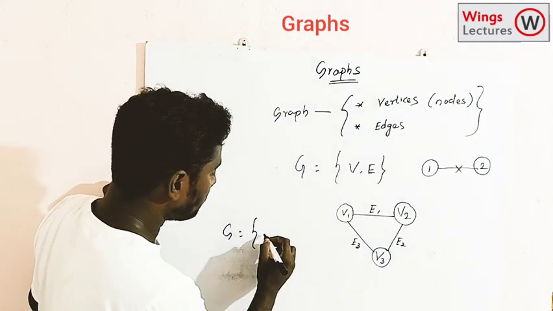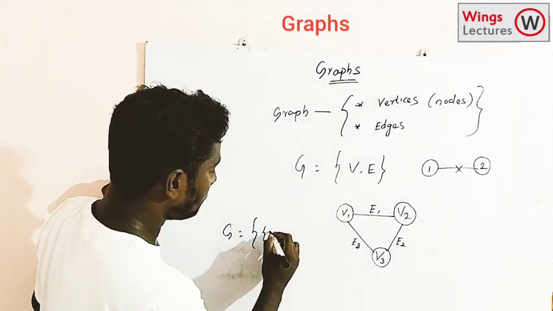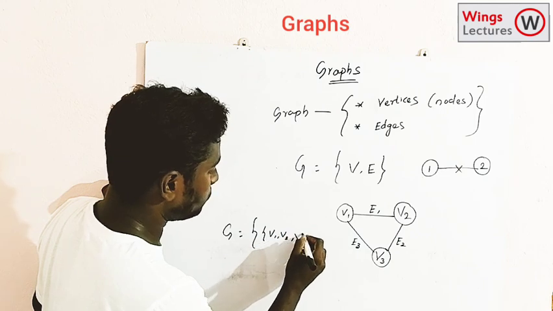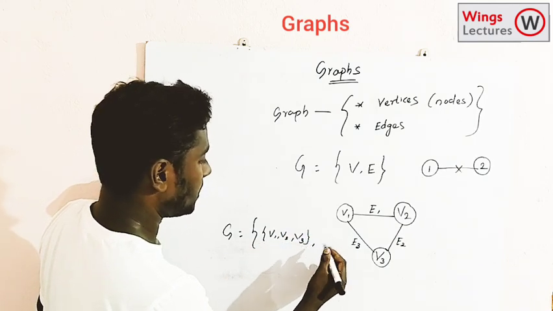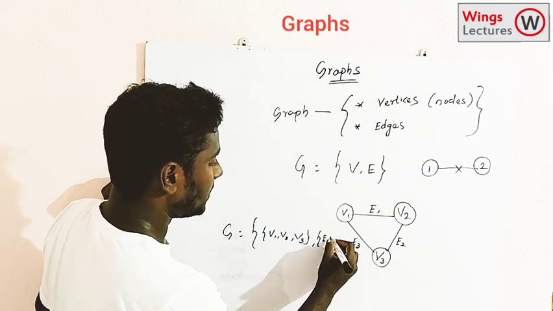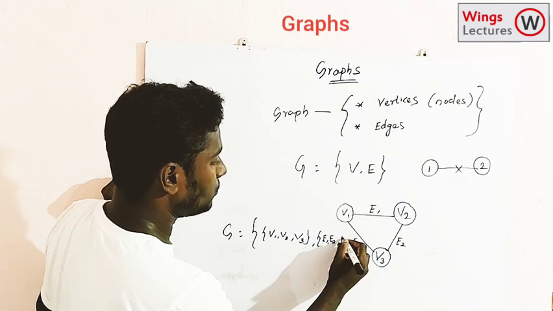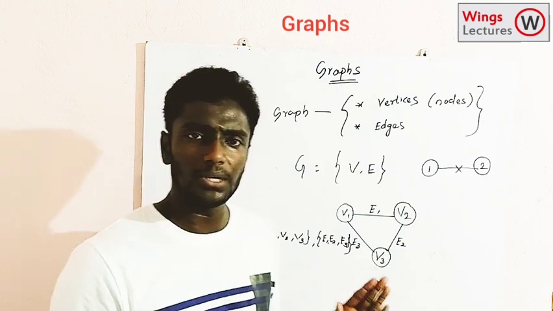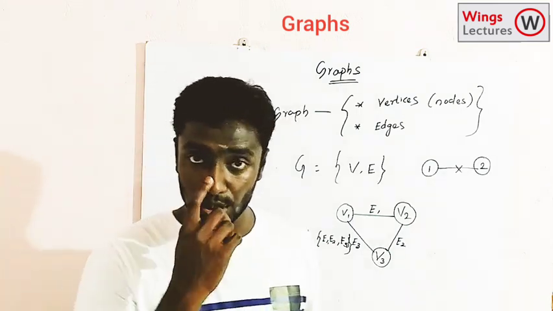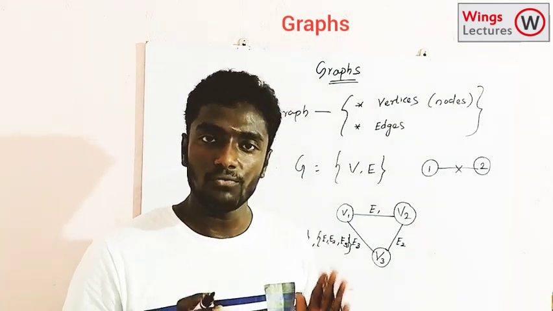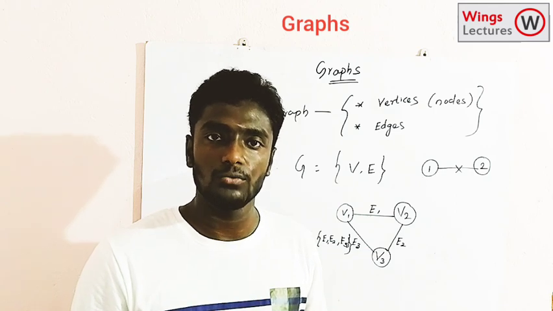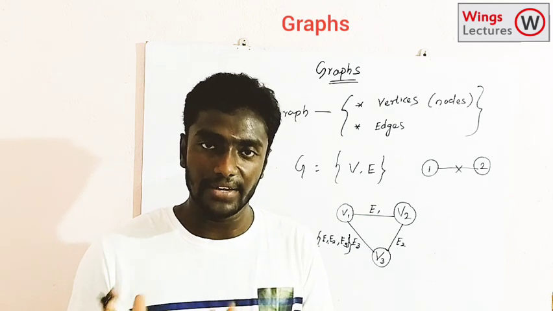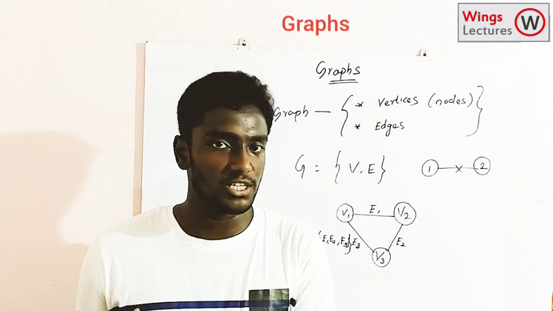So G equals v1, v2, v3 and comma e1, e2 and e3. The definition is very simple and the logic is also very simple. A graph is a collection of non-empty sets of vertices and edges.